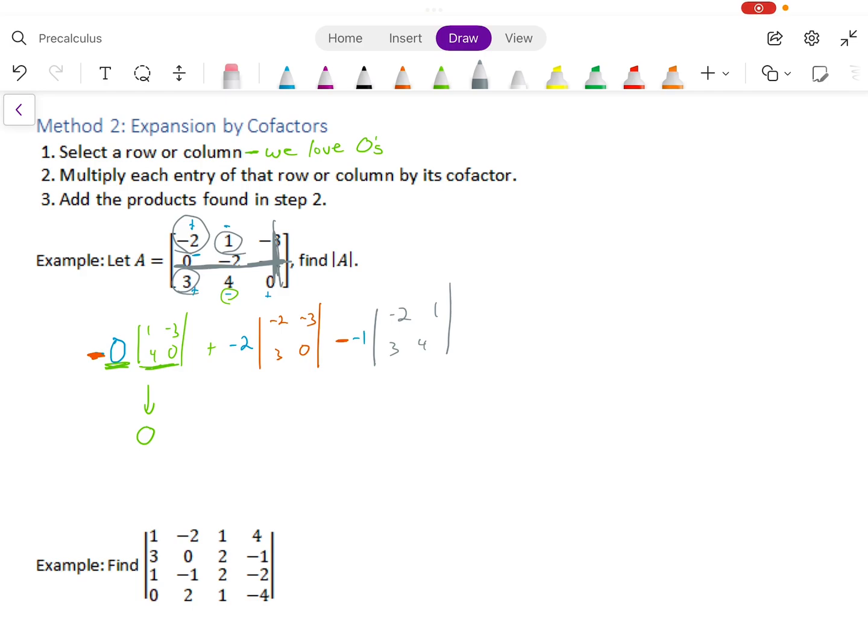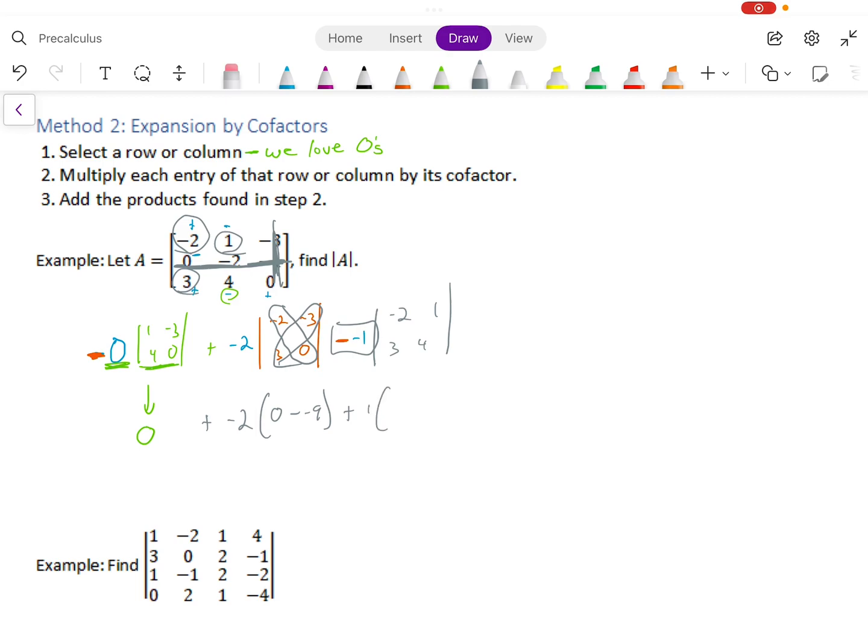And then once we figure out all this stuff, that will be our determinant. So here we have -2 times 0 minus -9. And then here we actually have plus, which is 1.